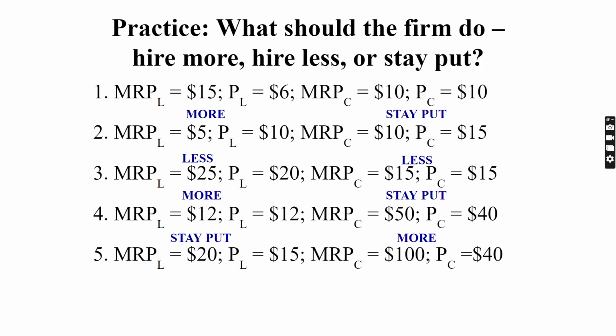And then finally, we have number 5, 20 divided by 15 gives us a number greater than 1, 1.25 again, and so this means the firm should hire or employ more workers, but 100 divided by 40 is also greater than 1. That gives us 2.5, and so the firm should hire more capital.